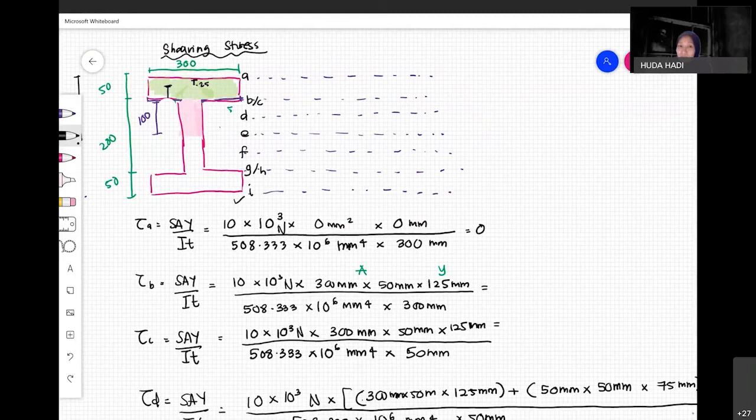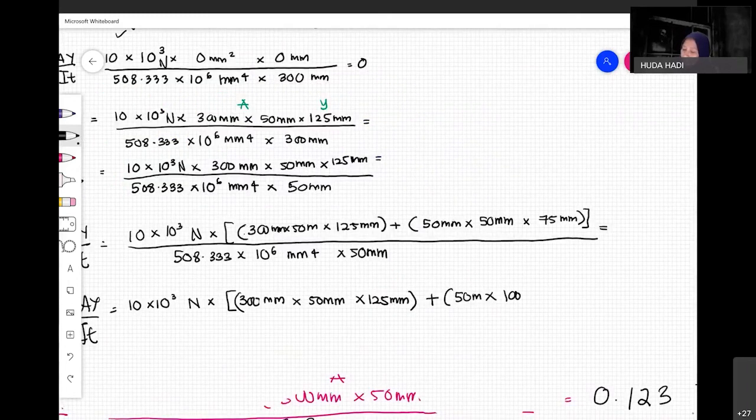So 50 darab 100 kan? I dah conteng lah kat tepi tu. 100 je. Okay, sebab 200 sebenarnya sebab dia kan betul-betul centroid dekat tengah-tengah ni kan. So area above itu dekat centroid kan. So 200 bagi 2 dia dapat 100 kan. So 100 lah. So that is the height. So this is the area.